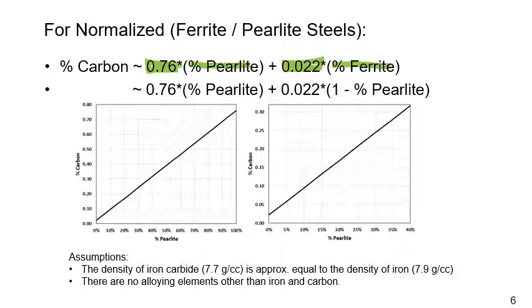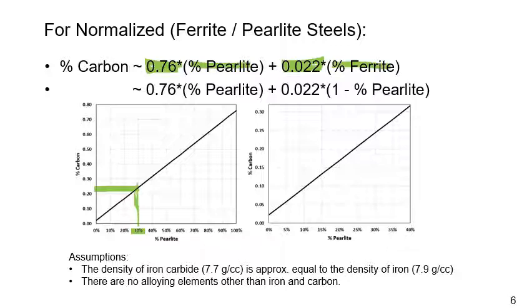So if I'm looking at a microstructure, I analyze it, and it has about 30% perlite, which is not uncommon for line pipe steels, then I can use this expression to estimate that we might have somewhere around 0.25% carbon.